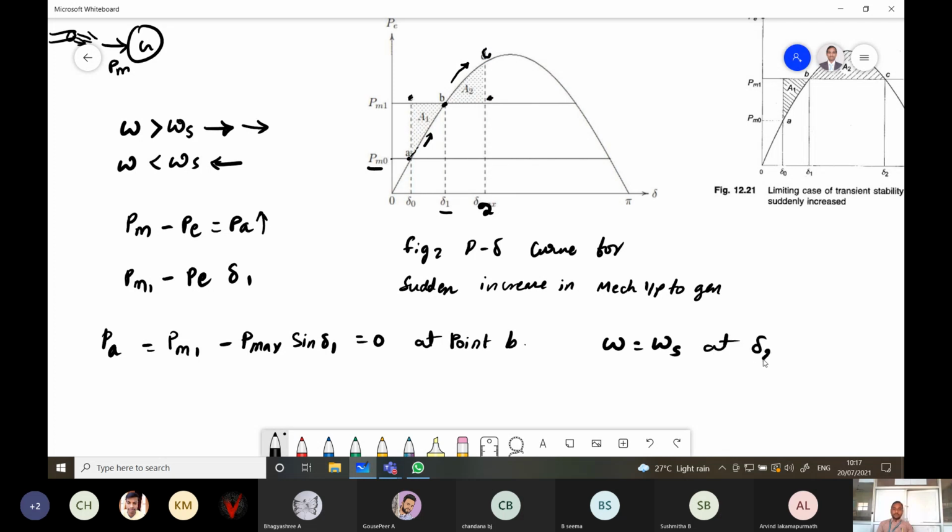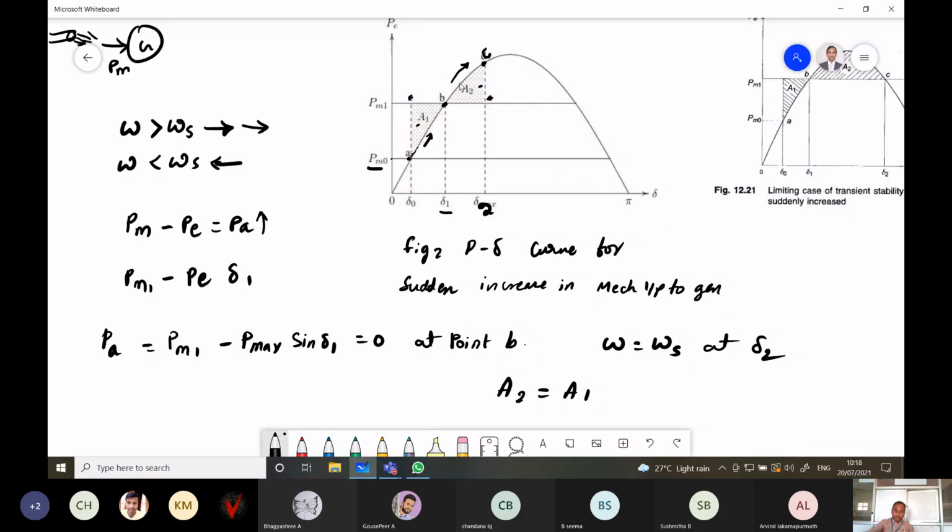That will be happening at point C. So it continues to increase till angle delta 2, where omega is equal to omega s at point C. At C, the decelerating area A2 equals the accelerating area A1. So A2 is equal to A1 at this condition.